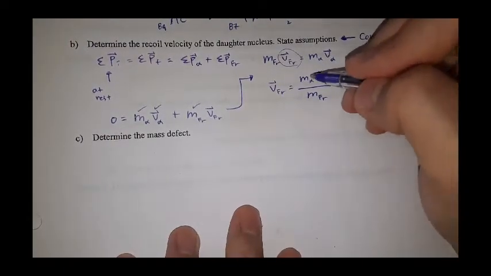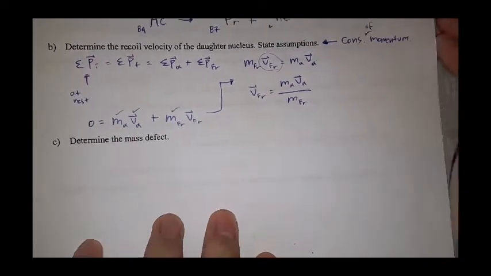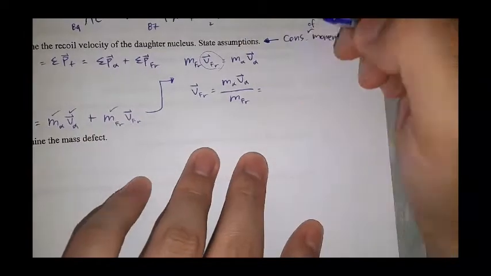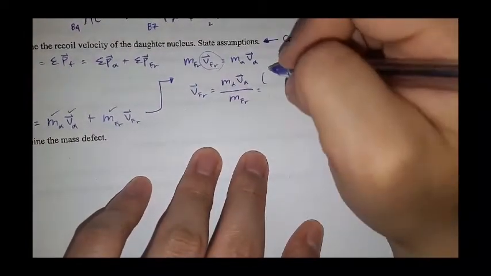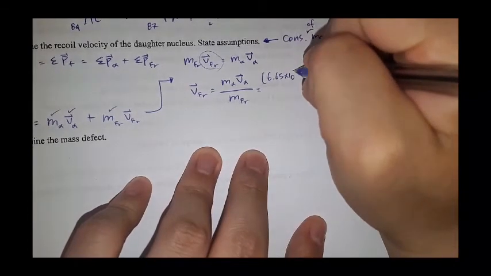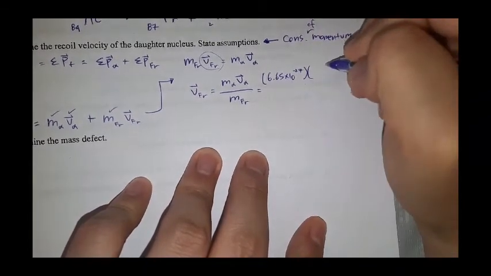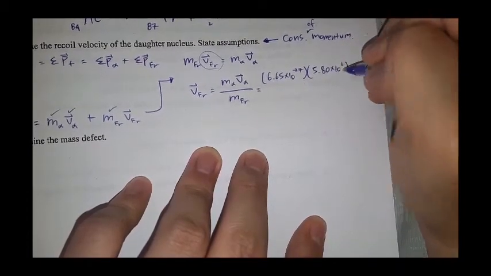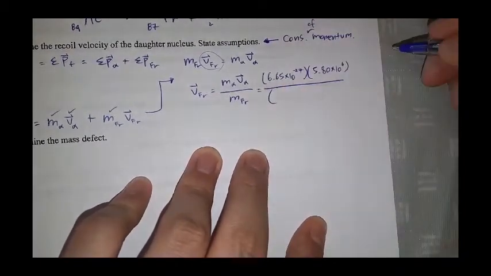And we can punch these numbers in now. Mass of the alpha particle is 6.65 times 10 to the power of negative 27 kilograms. Velocity is 5.80 times 10 to the power of 6, divided by the mass. You've got to be careful.